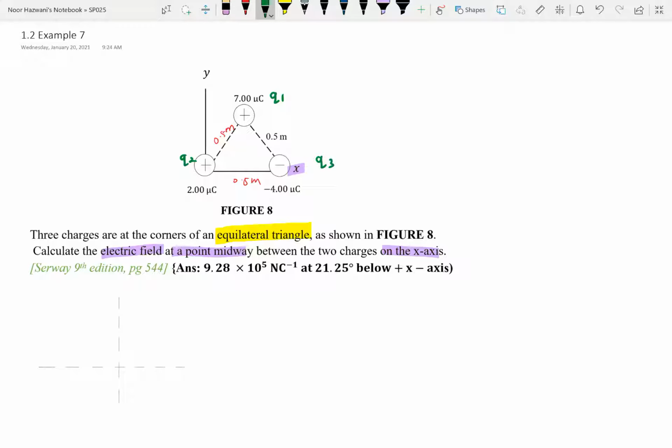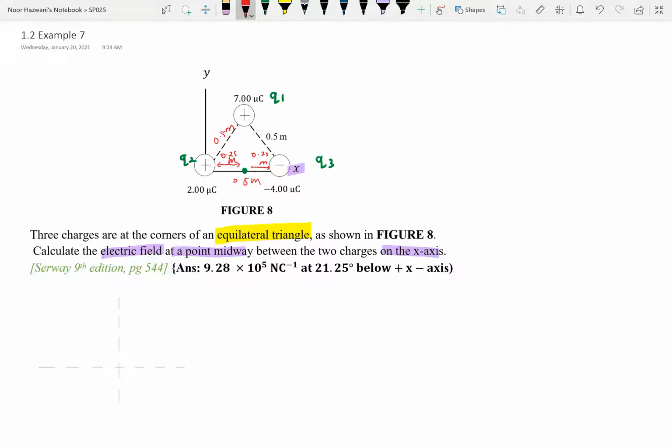Ini adalah midway between Q2 and Q3. So, distance dia sini ke sini adalah 0.25, sini ke sini juga 0.25 meter, sebab dia kata tengah-tengah.